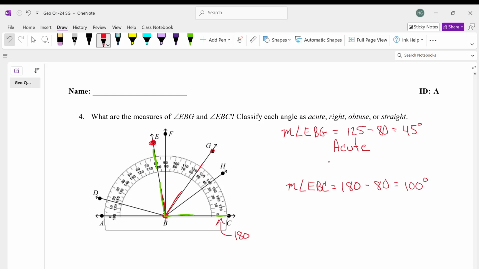And a 100-degree angle is called an obtuse angle. It's the larger measurement minus the smaller measurement, and the measurement that corresponds to each side of the angle.